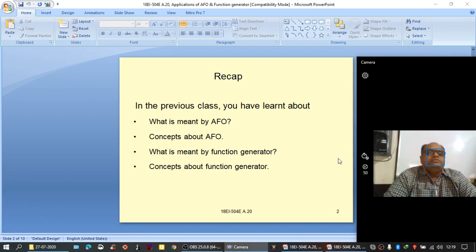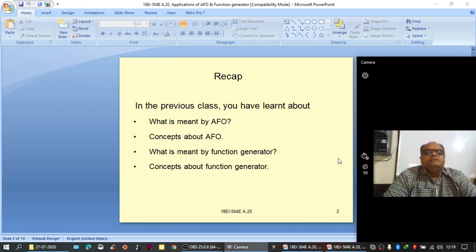And other type of oscillator using RC components is Wien bridge oscillator, and this Wien bridge oscillator provides better stability frequency signals.